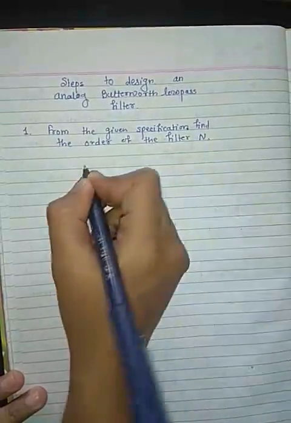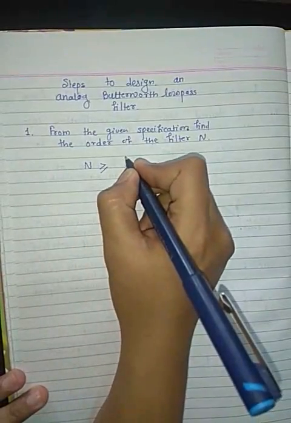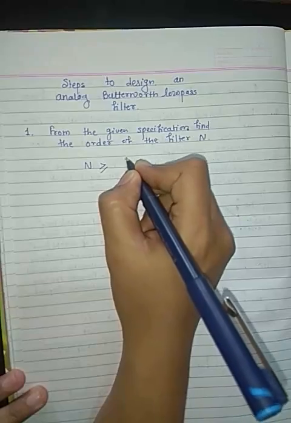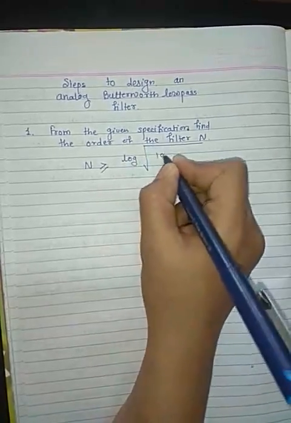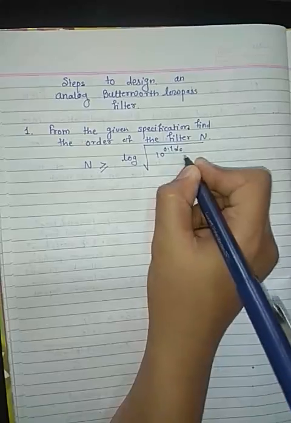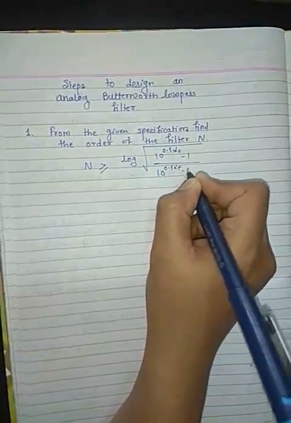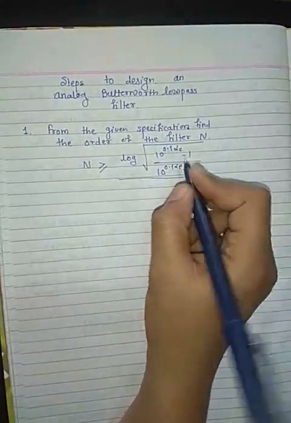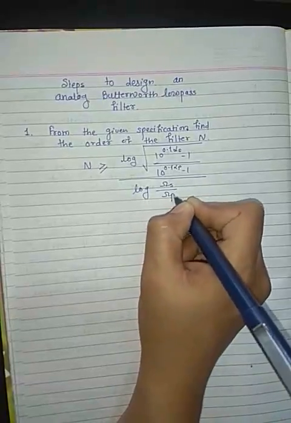That is n. So what is the equation for n? N should be greater than or equivalent to log of square root of 10 raised to 0.1 alpha s minus 1 divided by 10 raised to 0.1 alpha p minus 1, the whole divided by log of Ohm s divided by Ohm p.